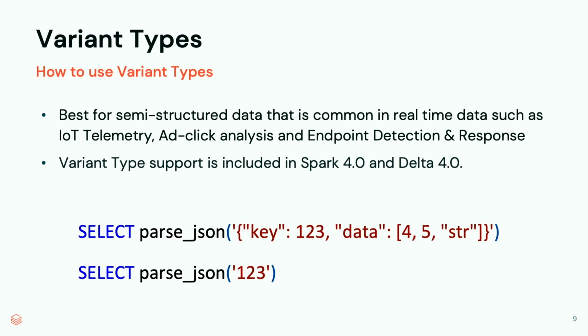You can parse in the whole JSON payload, and it will create a variant column for you in your data frame that can also be persisted into Delta as a variant column. Or you can just parse single values. So anything that is JSON related can be parsed into a variant type, and then into a variant column, and then you can query and get all of the benefits from variant types on top of that data.